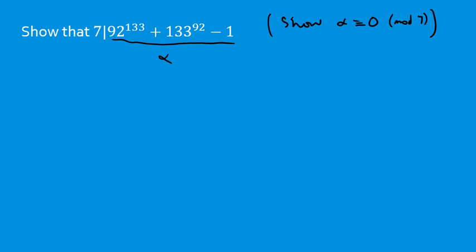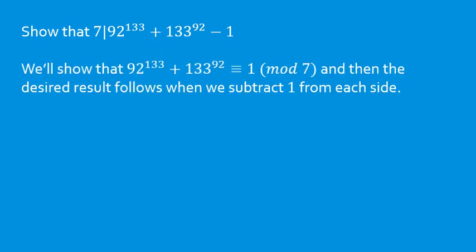Now, what we're actually going to do is look at the 92 to the 133 plus the 133 to the 92. And we're going to show that that's congruent to 1 mod 7, and then the desired result will follow, because if I show that that is congruent to 1, I can subtract 1 from both sides.